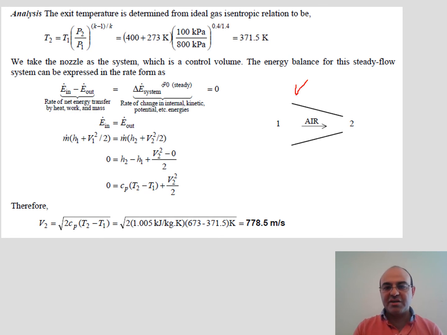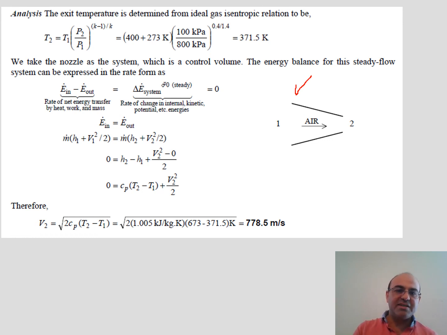So this is our nozzle, and we're going to assume an isentropic process to find the maximum exit energy, or exit kinetic energy.